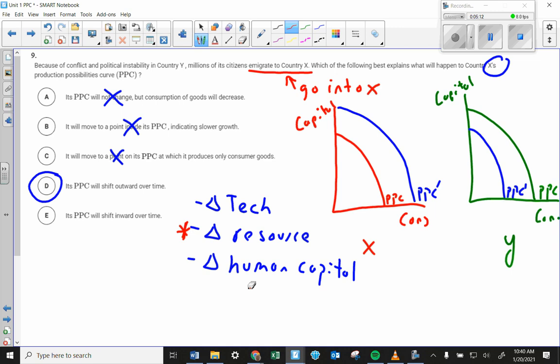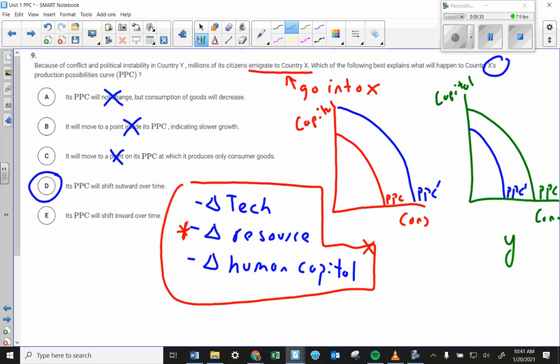Number 9 says, because of a conflict of political instability in country Y, people are emigrating to country X. Which of the following best explains what happened to country X's production possibility curve? All right, you needed to make sure you know that production possibility curves shift when there's a change in technology, a change in resources, and a change in human capital.